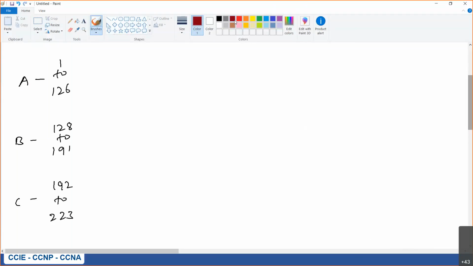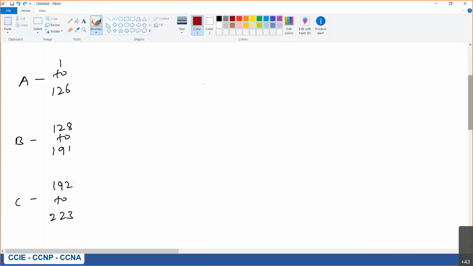I just asked for an example of class A. So 1 to 126 networks are there, but everyone uses the example 10.0.0.1 or 10.0.1 or 10.0.2. So it means the remaining IPs are not class A. 1.1.1.1 is a class A example, 2 dot is a class A example, 3 dot, 20 dot, 30 dot, up to 126, others are class A examples.